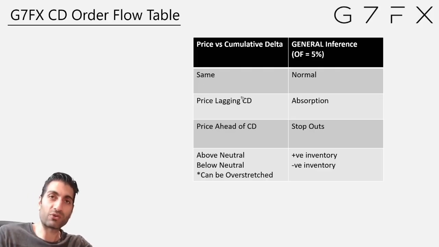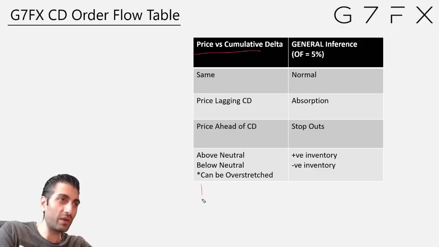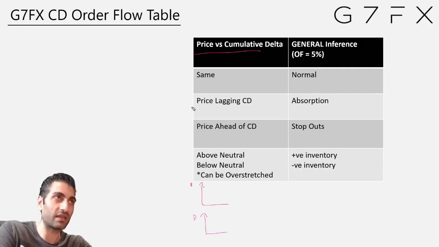The way that I've written it out is quite different to how you might see delta divergences written out. I've done price versus cumulative delta. So like I said, you can print this out. All we're looking at is price versus delta, right? We've been through this in the last section, but I just want to show you what I mean in this table.